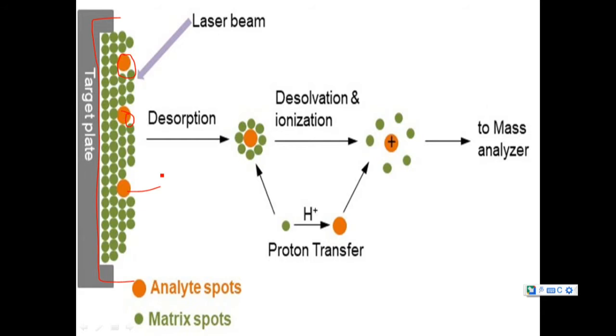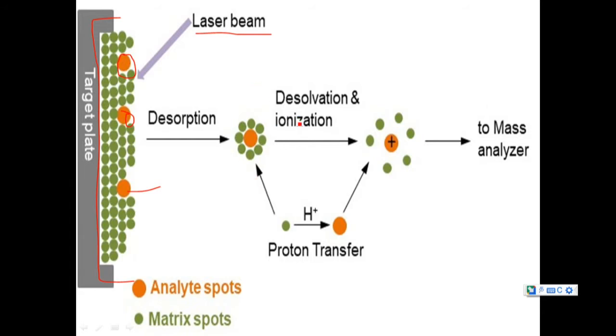So after embedding the protein on the surface of the matrix, it is subjected to analysis. The first step is ionization. From the source of the laser gun, a high intensity of laser light hits the matrix.